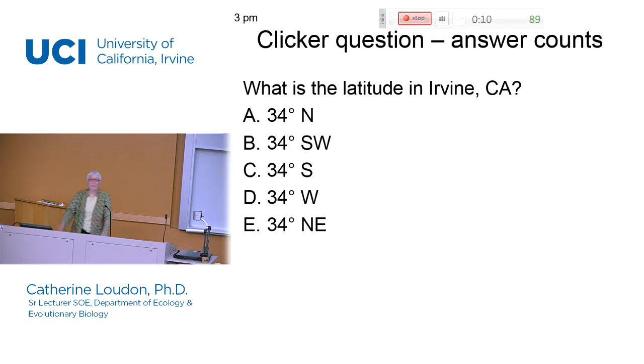So, what's the latitude of this room, or of UCI or of Irvine? Go ahead and click in. Hopefully you could do this without even breaking into a sweat. Is it 34 degrees north, 34 degrees southwest, 34 degrees south, 34 degrees west, or 34 degrees northeast? I'm hoping for 100% accuracy here. As you click in, I'll see what you guys think.